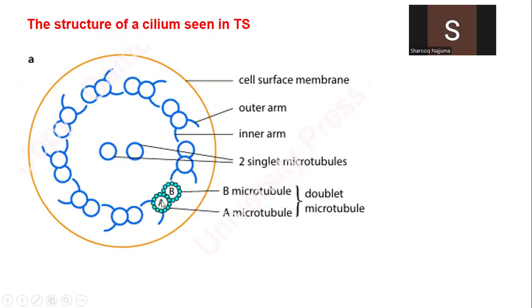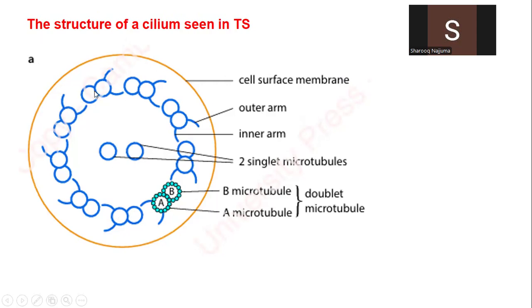So we have microtubule A and microtubule B, in each pair. If you count the pairs, you're going to find that there are 9 pairs. 1, 2, 3, 4, 5, 6, 7, 8, 9. 9 pairs of microtubules.